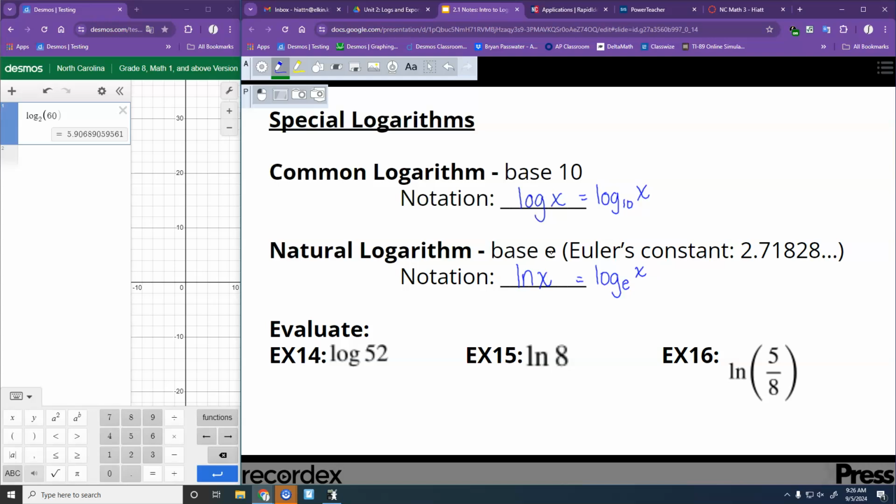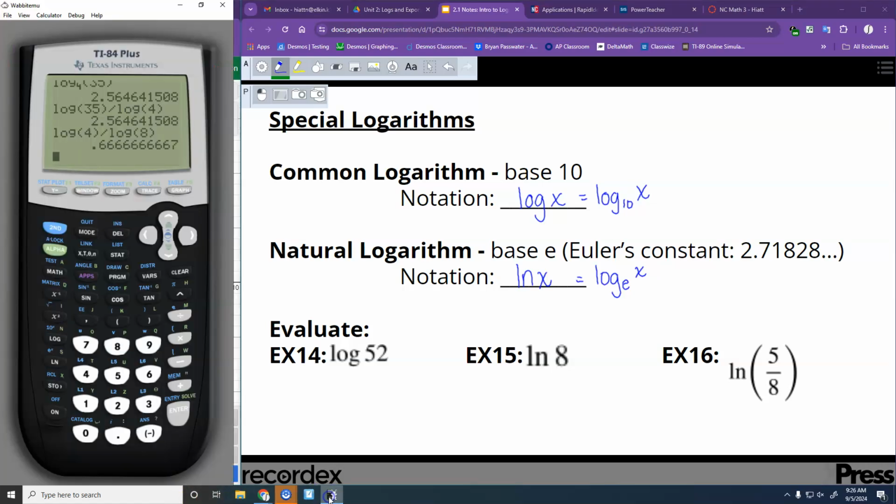Now, the good news about these is that they are so common that the calculator's got buttons for these, right? So if I just see log 52, that's a log base 10 of 52. But you don't have to type it in that way because it's got a log button. I'm just doing log 52. Enter. 1.716.